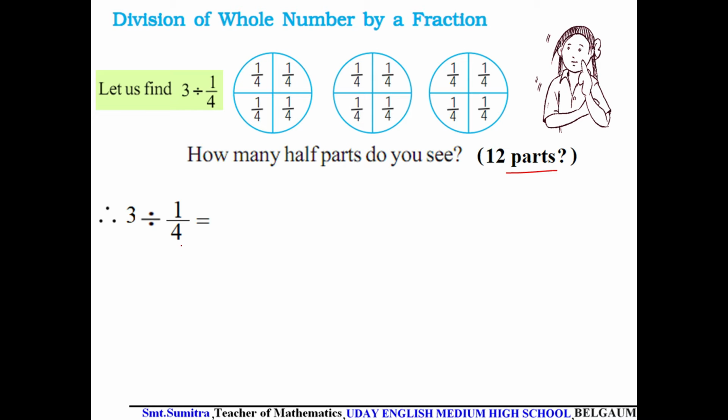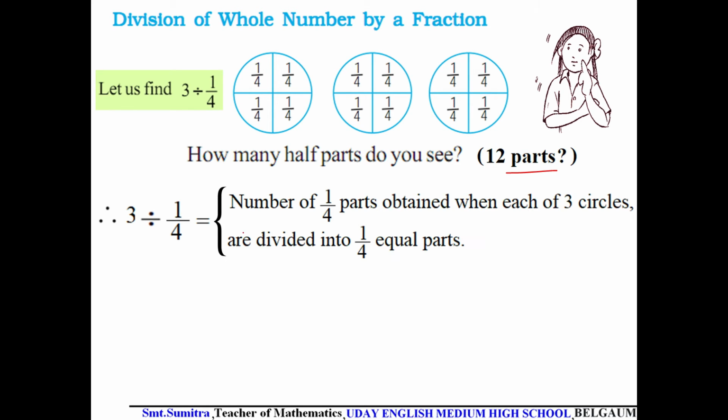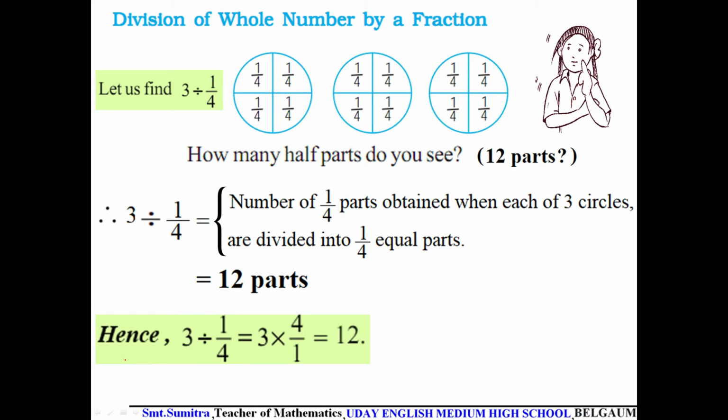Therefore, the meaning of 3 divided by 1 by 4 is the number of 1 by 4 parts obtained when each of 3 circles is divided into 1 by 4 equal parts. No doubt we get 12 parts. Therefore, we say 3 divided by 1 by 4 is 12. How to get that 12?